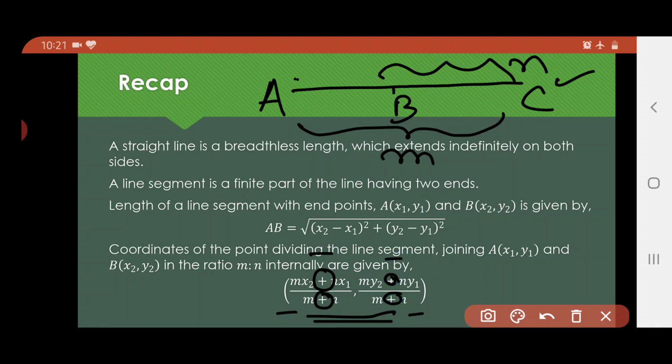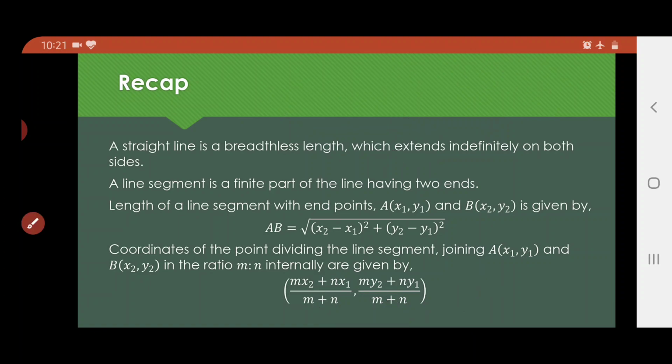So that's it. This is your section formula, same old section formula, but I guess you haven't done the external part, so this is the external section formula. Fine. Then let us move to the next part.